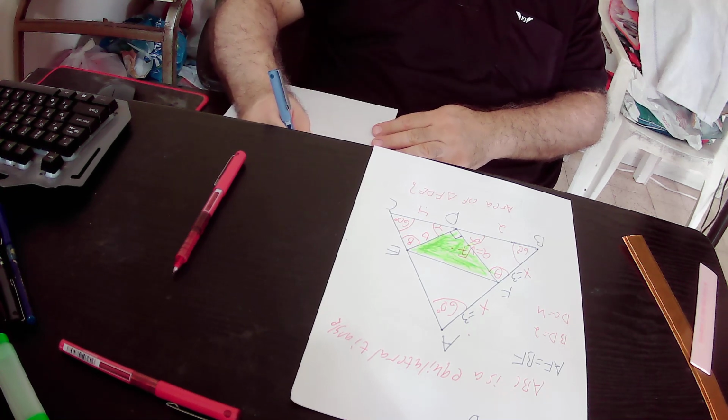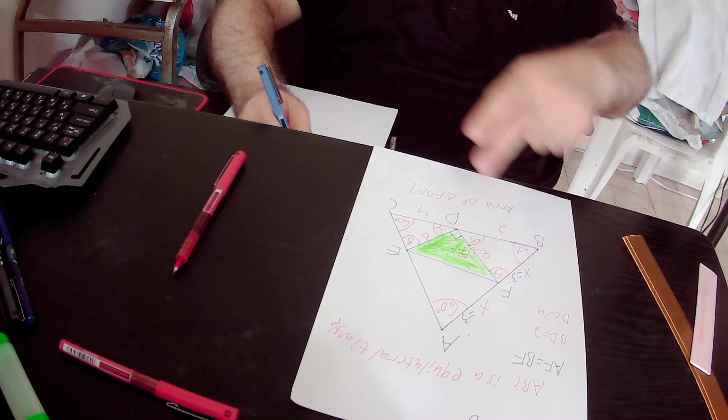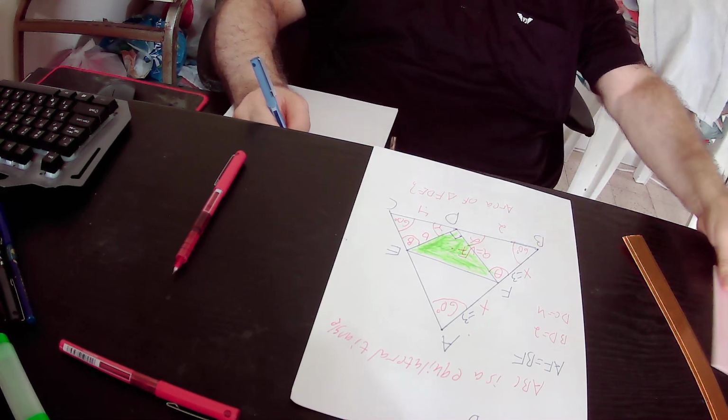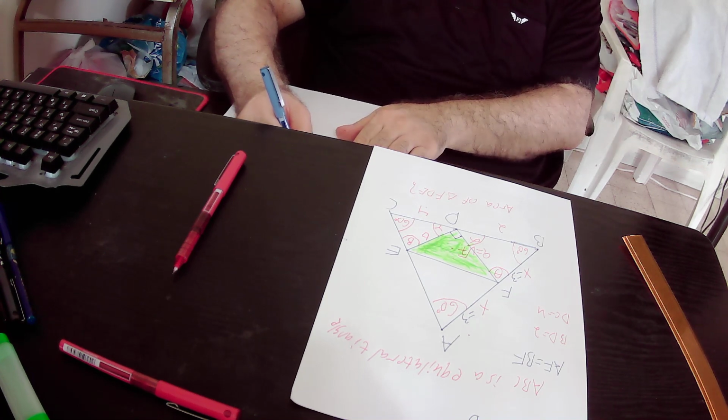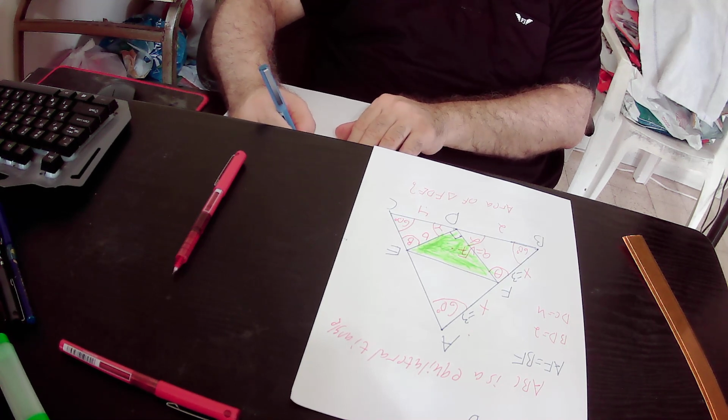So in the small triangle BFD, the sum of its angles equals 180 degrees. That will be our first equation.